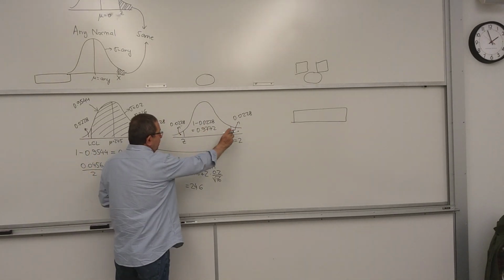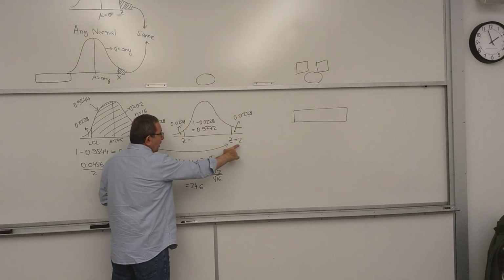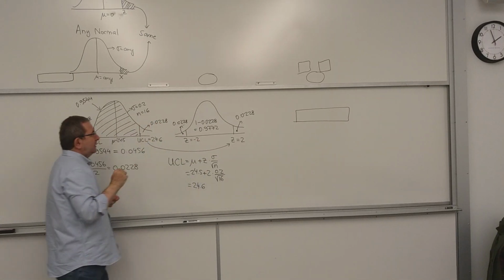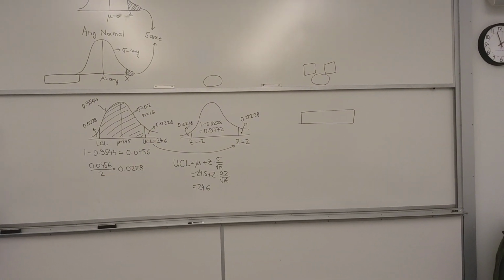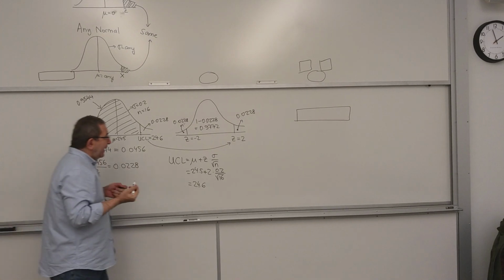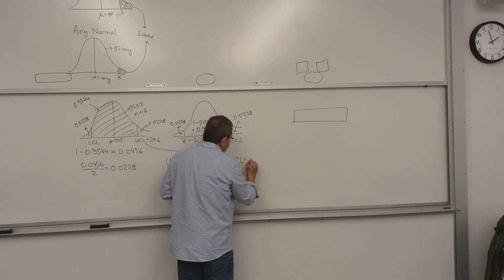And so if these two numbers have the same tail probability, one is 2, then the other one must be minus 2. Same tail probability, minus 2. And then we're going to use the same equation.